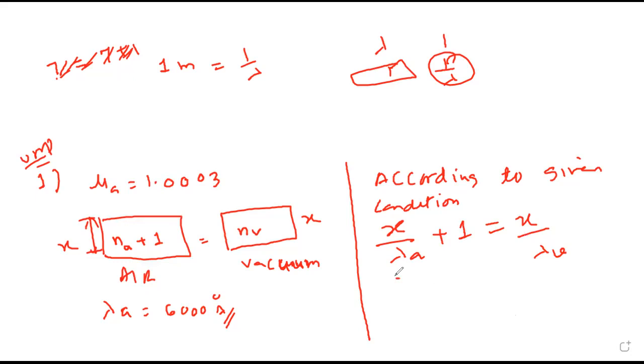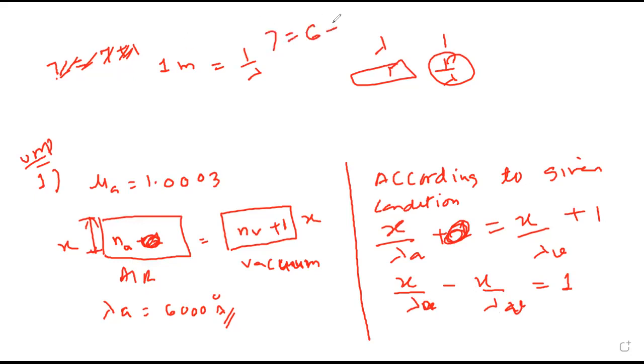Now this interpretation I did wrong. Number of wave in air is 1 more than in vacuum. So number in air is 1 more than in vacuum. This way it will come. So x upon lambda air minus x upon lambda vacuum is 1. Now copy this.